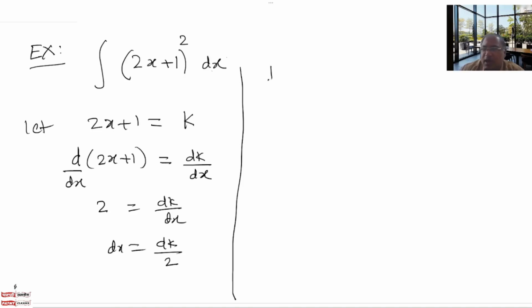Now the problem was given in terms of the x variable; now it gets converted to the k variable. 2x plus 1 equals k, so k square, the power is as it is, and dx is equivalent to dk by 2. I have taken 1 by 2 common, then k square dk.